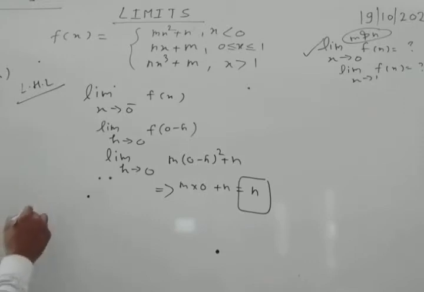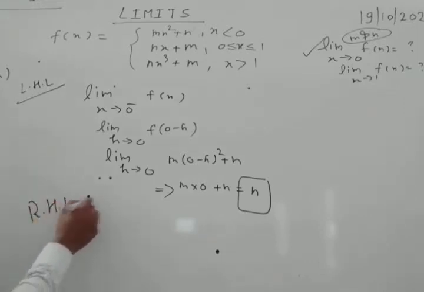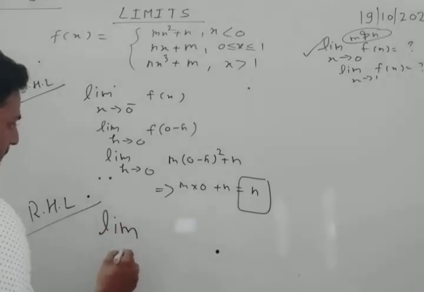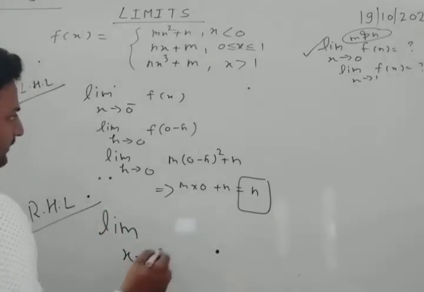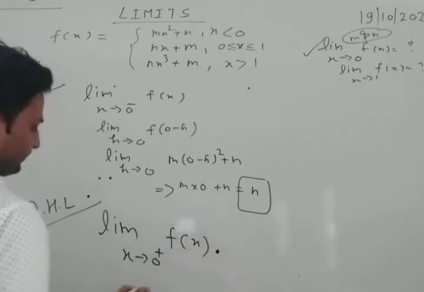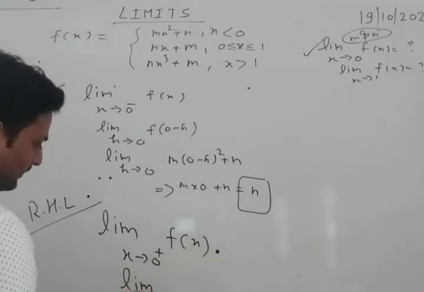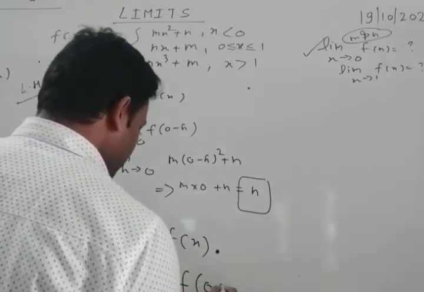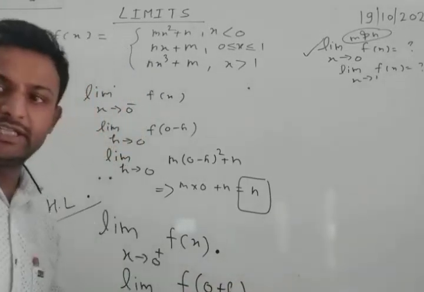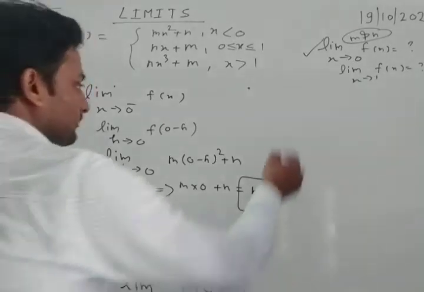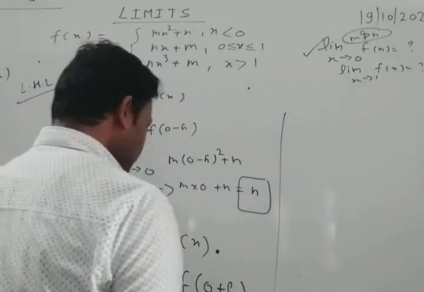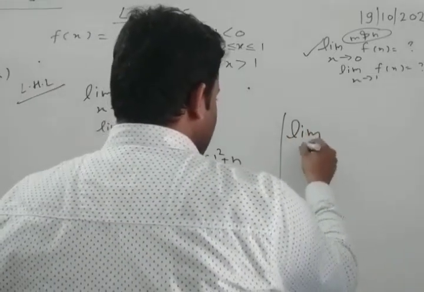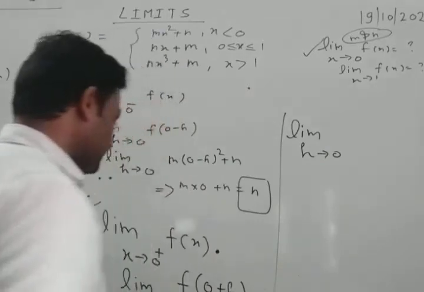Okay. Now the right hand limit. Our right hand limit is the limit as x tends to 0 plus of f(x), which we can write as f(0 + h).